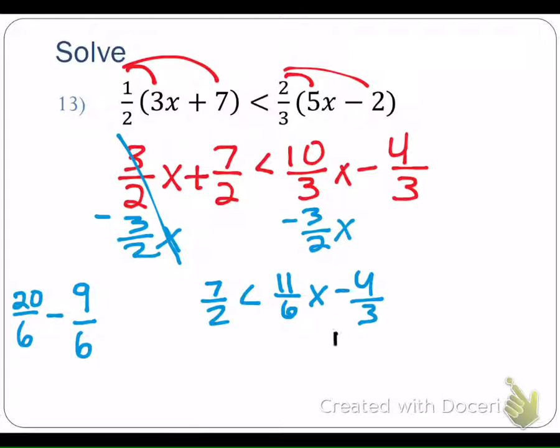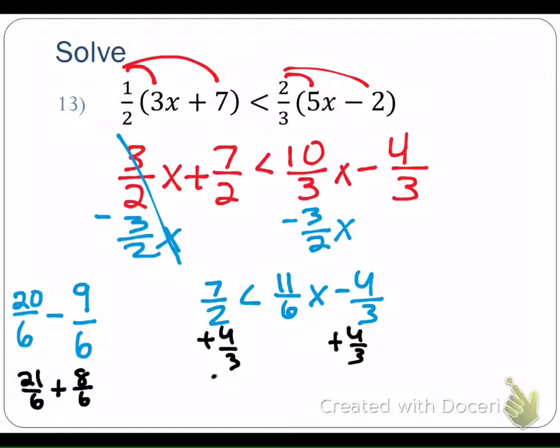Now, I need to add the 4/3, and I'm going to have to do the same thing, a little work off to the side. So this would be 21/6 plus 8/6.